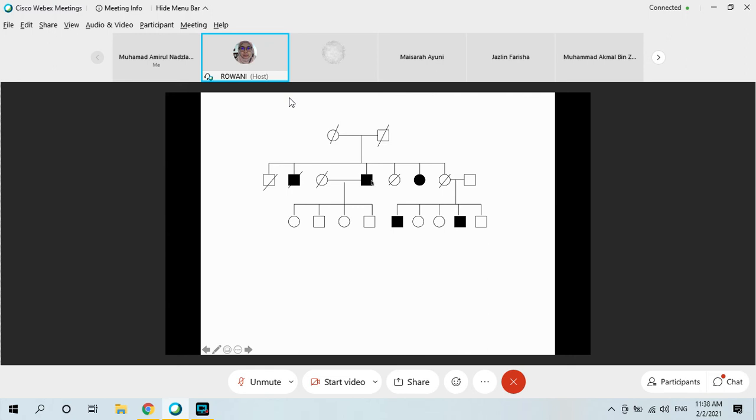It seems like this disease in the third generation is likely to come from the mother, right, who does not manifest the disease. And it could have come from the grandfather or the grandmother. So what is the likely mode of inheritance in this case?